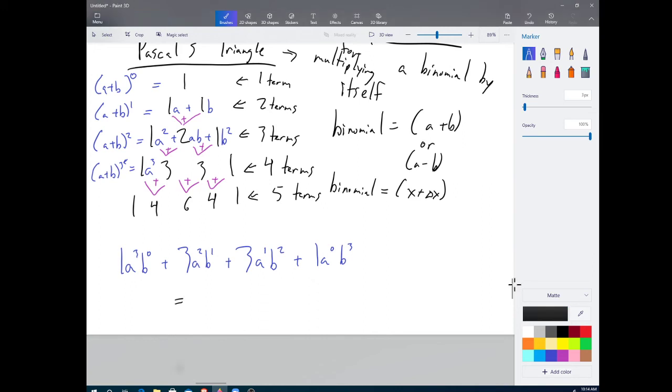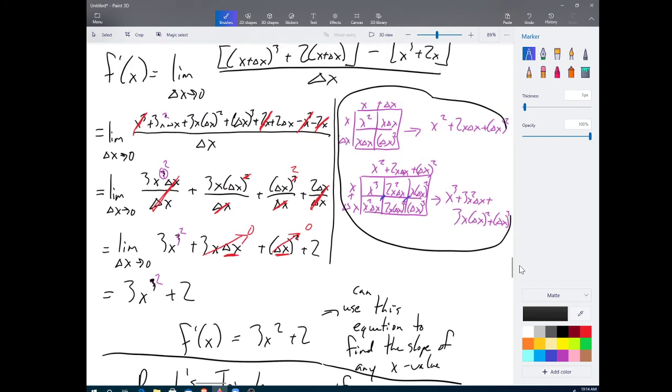And simplified, it will give me the same answer as I got here, except instead of a's, I'm using x's.